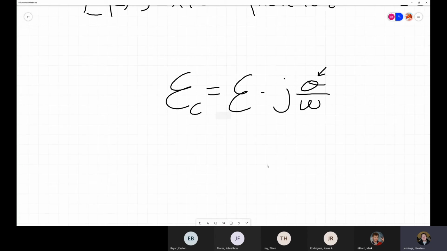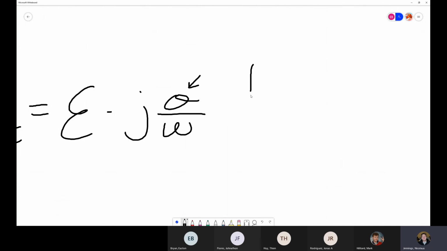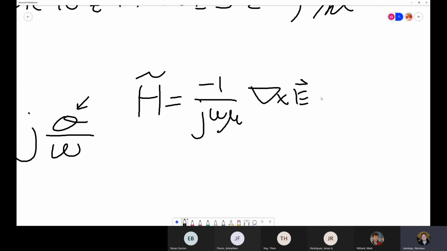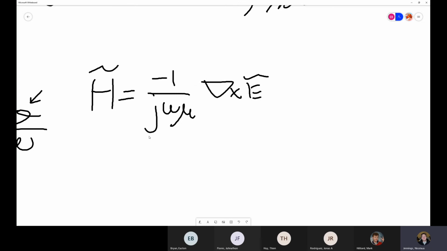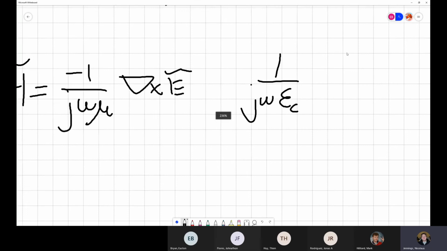For the conversion between E and H, for the magnetic field it stays the same. It still remains 1 over j omega mu naught times the curl of E. But when you're going the other direction, when you're given H and you want to find E, you do 1 over j omega epsilon c, your complex permittivity.